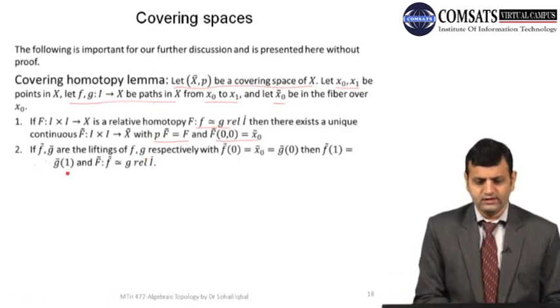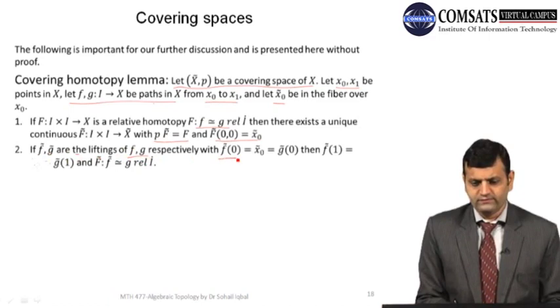So these are the liftings according to the lifting lemma, and if f tilde and g tilde are liftings of f and g, with f tilde 0 equal to x naught tilde equal to g tilde 0, then f tilde of 1 is equal to g tilde of 1, and they are homotopic.